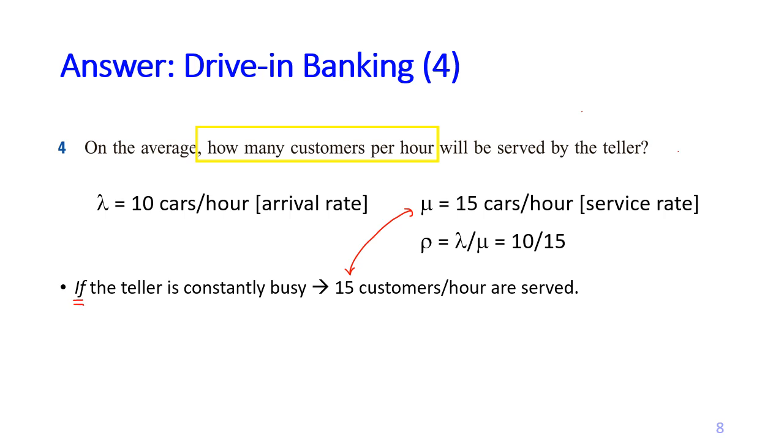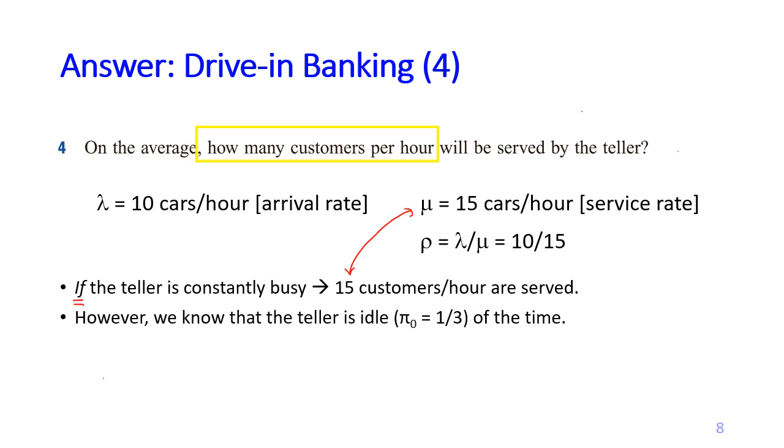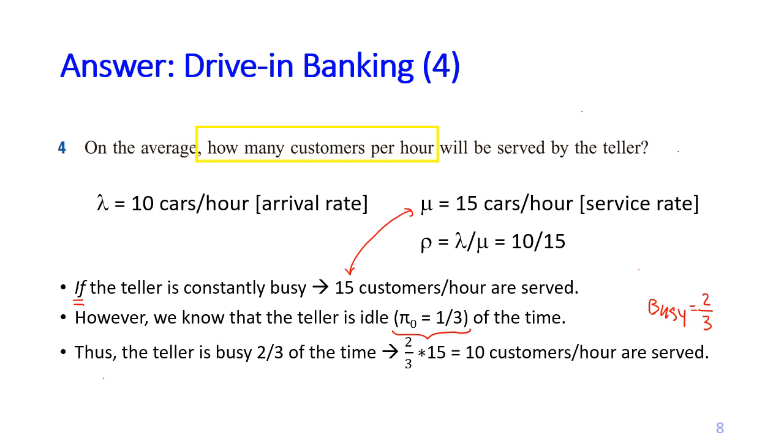From the first question, we know that the teller is idle 1/3 of the time. It means that the teller is only busy 2/3 of the time. If the teller is always busy, then he or she can serve up to 15 persons per hour.